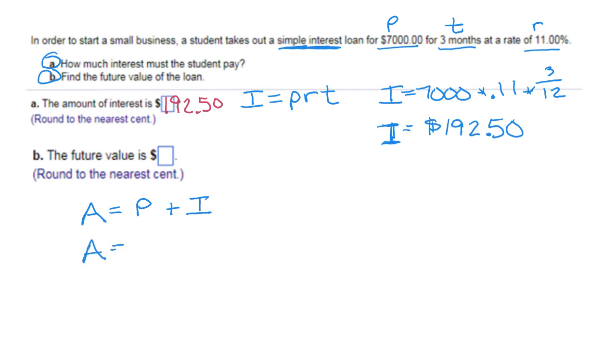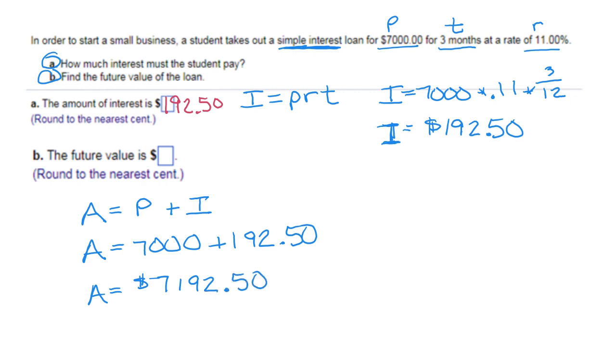So A is equal to $7,000 plus the interest that you just found, $192.50. And when you add this together, remember it's always saying round to the nearest cent in this case. We're just adding these two values together, so $7,192.50. And this will be your future value.